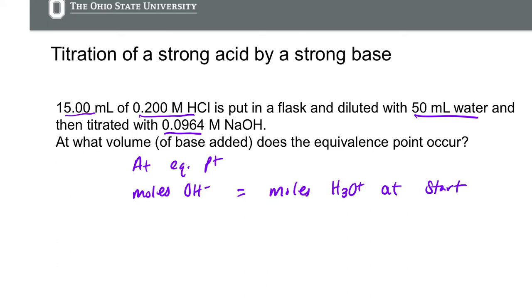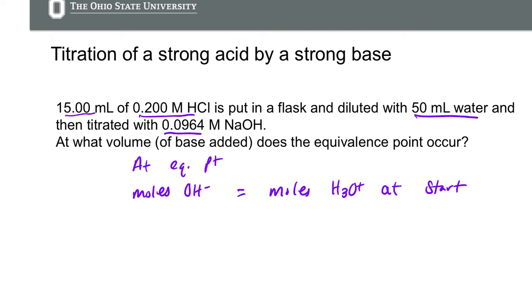So given our problem, we can know how many moles of H3O plus we started with. We have a volume and we have a concentration, so we can figure moles. And we also have a concentration of hydroxide, so we can use that information to calculate the volume of hydroxide needed to get to the equivalence point.